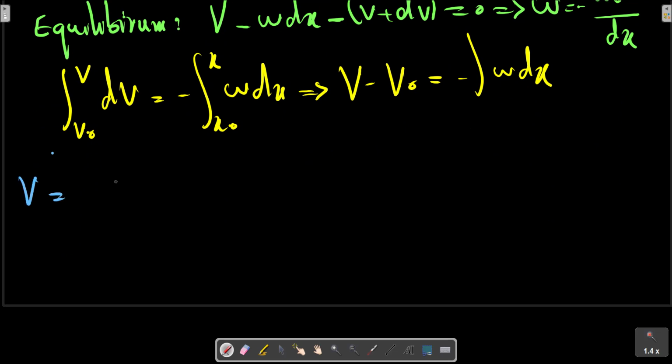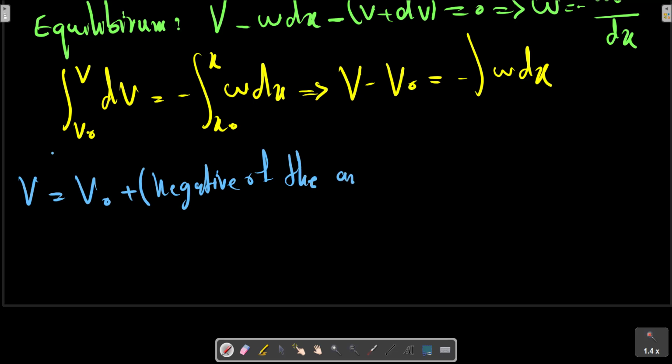Or we can write V equals V0 plus the negative of the area under the loading curve from x0 to x.